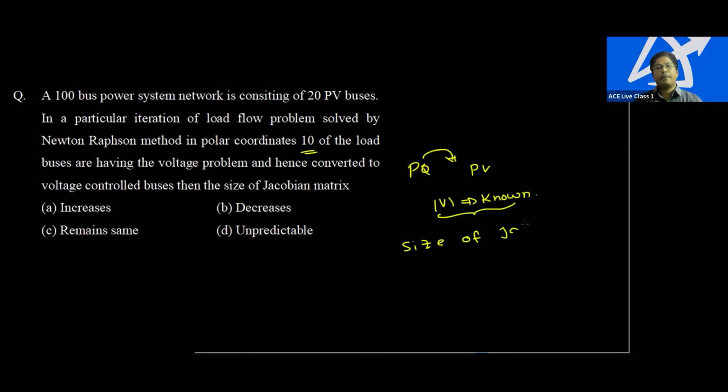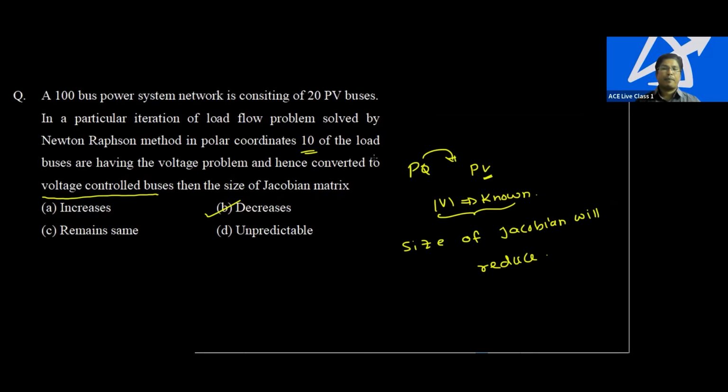When a PV bus is converted into a PQ bus, the size of the Jacobian will increase. When a PQ bus is converted into a PV bus, the size of the Jacobian will reduce. Why? Because we are specifying the values of voltages. So here, some of the load buses are converted into voltage controlled buses. Voltage controlled buses are nothing but the PV buses. Therefore, the size of the Jacobian will reduce.